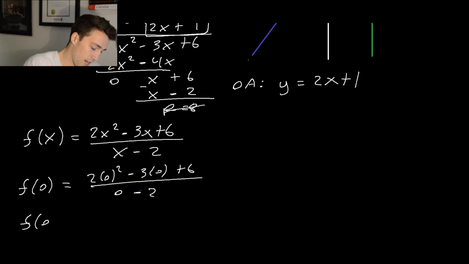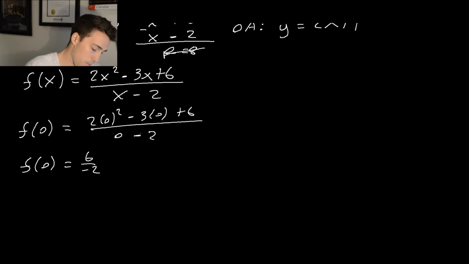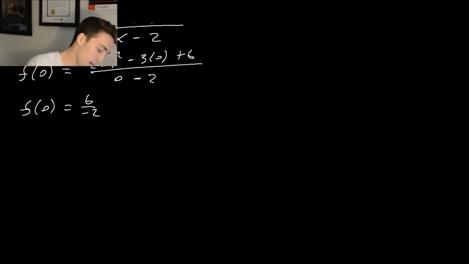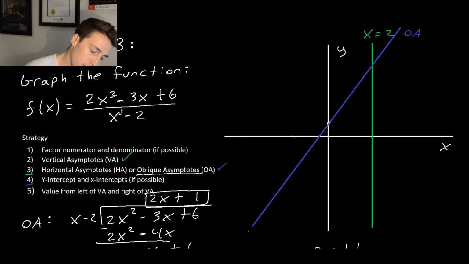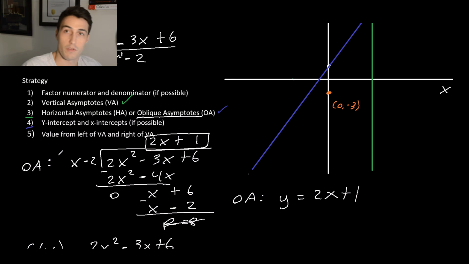So we're going to get 6 over -2, and that y-intercept will be at the point 0, -3. So if we go to 0, we're going to get a negative value for a point on our graph. So it's going to be around there. That is 0, -3. So in this situation, we actually don't have an x-intercept. It doesn't cross the x-axis.